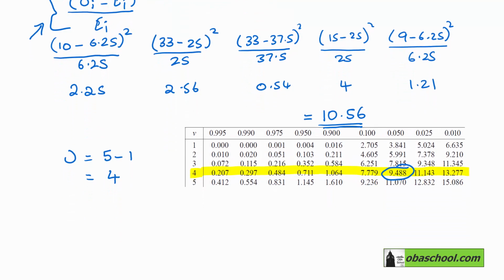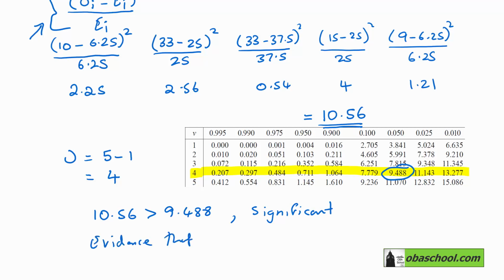So we can see that 10.56 is more than 9.488, and that means it is significant. And that gives us evidence that our binomial model, that was a binomial for 0.5, is not suitable.